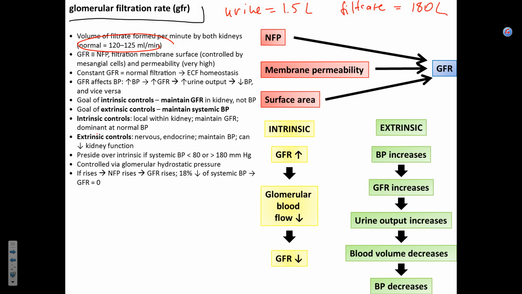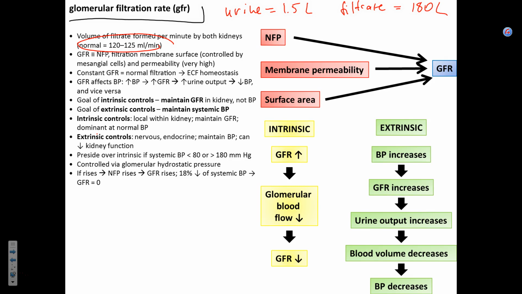What I'm trying to tell you is that your kidneys not only produce filtrate, they also concentrate it incredibly well, because the majority of this 180 liters is water. It would not really be feasible to drink a comparable amount of water a day to not die from dehydration. 180 liters is a lot.